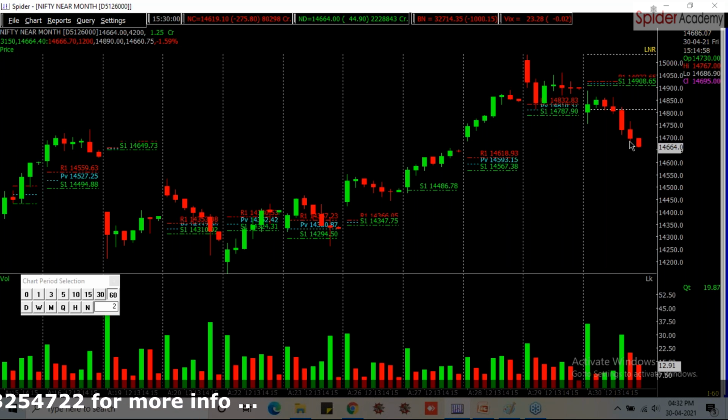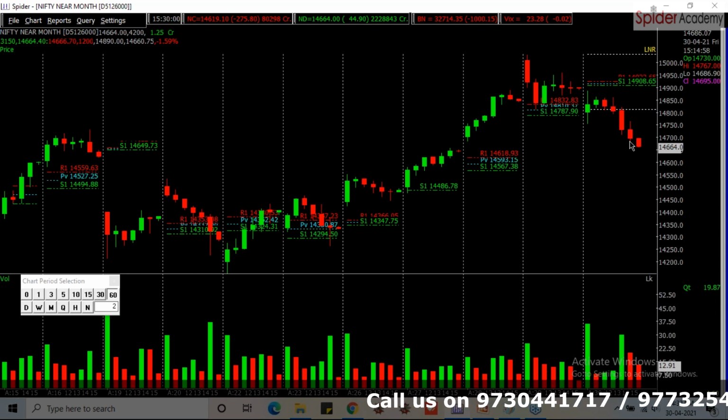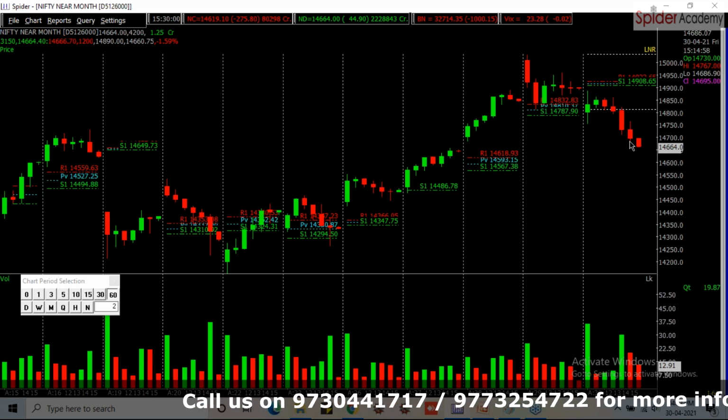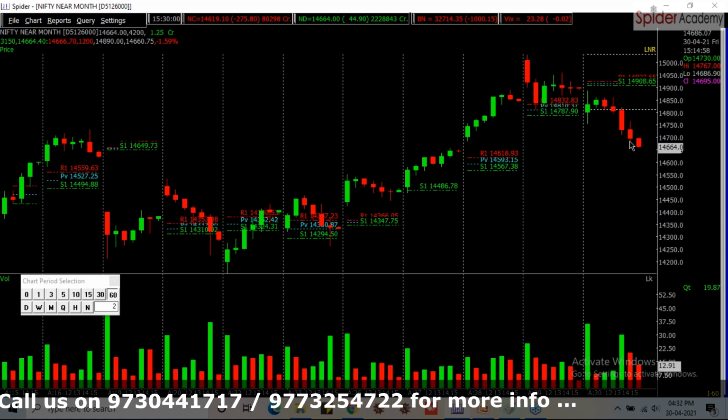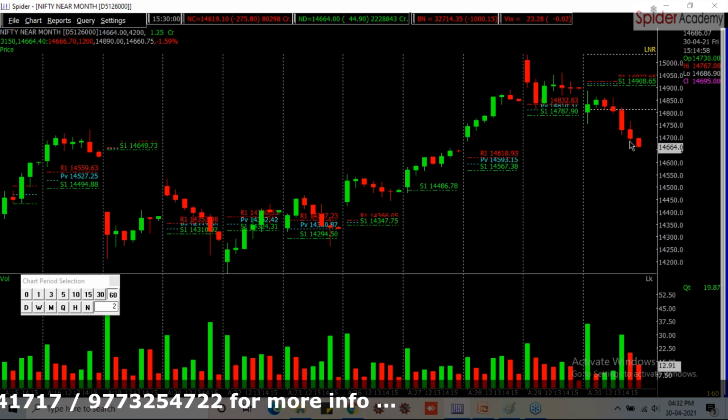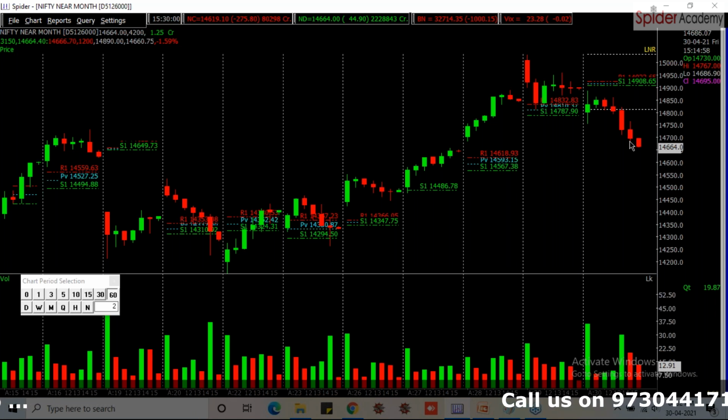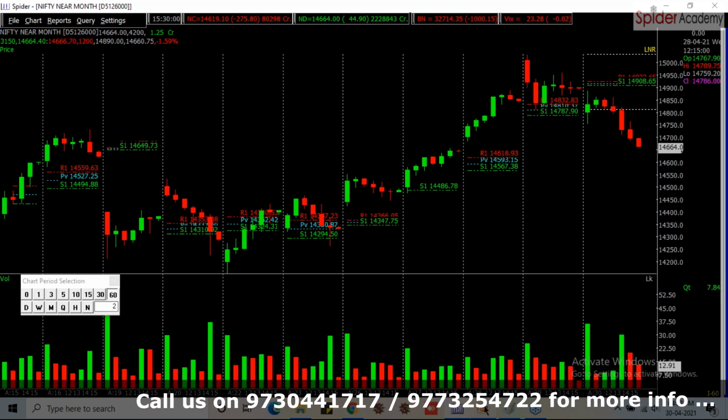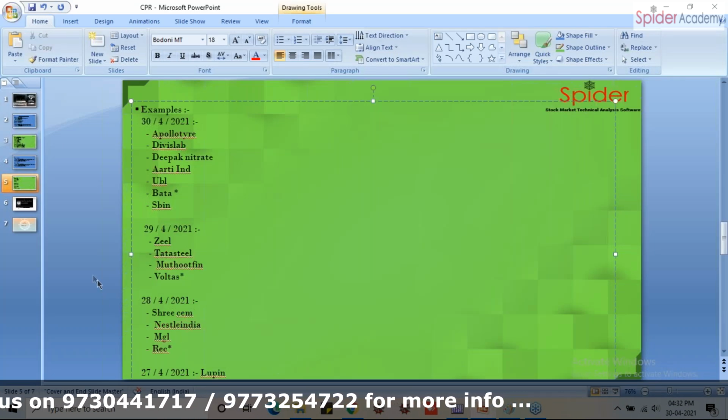If it is turning around, then we can say that for the time being the market is going to the short side. So in this way you can take a larger view using this CPR, whether that particular stock is bullish or bearish.